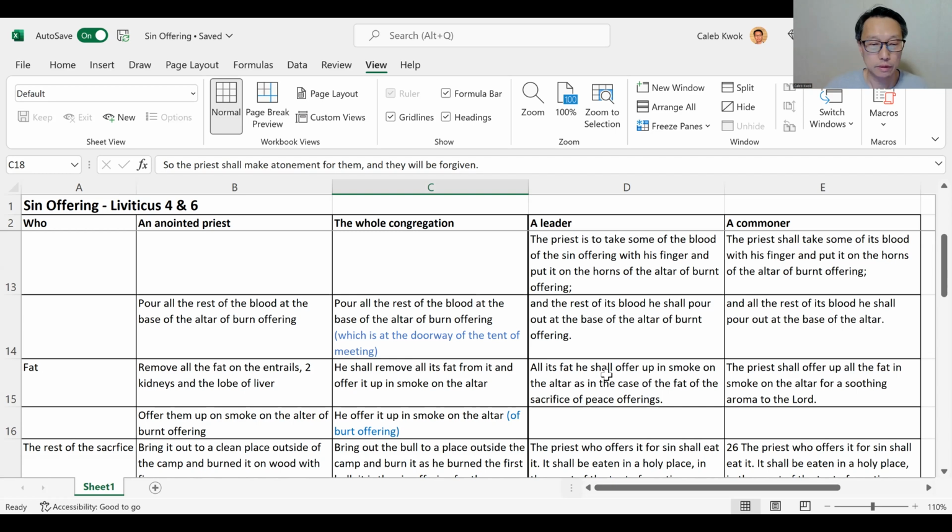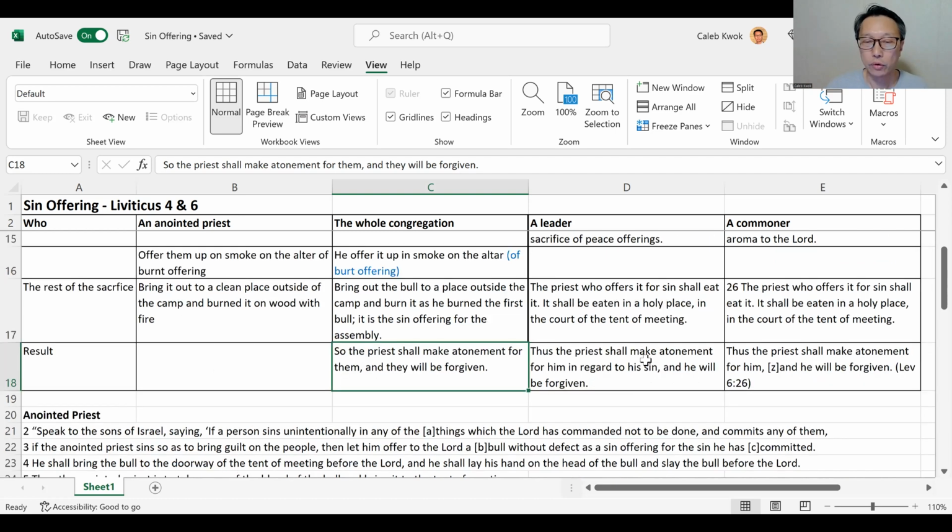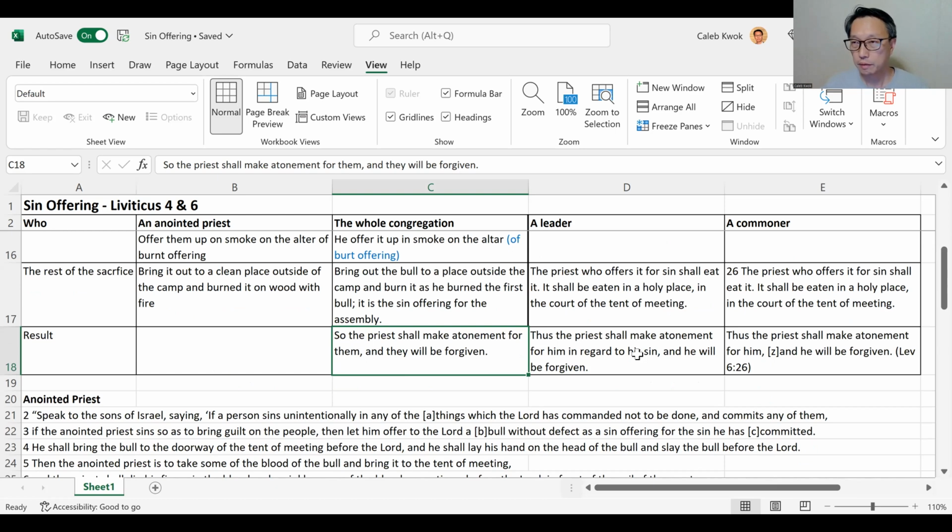Now, something different here though. For the rest of the sacrifice, the priests who offer the sacrifice and the priest's family members, the males, they can eat the sacrifice.